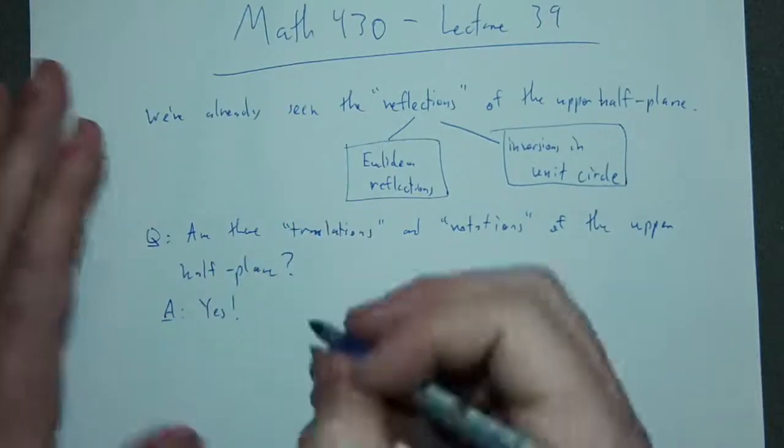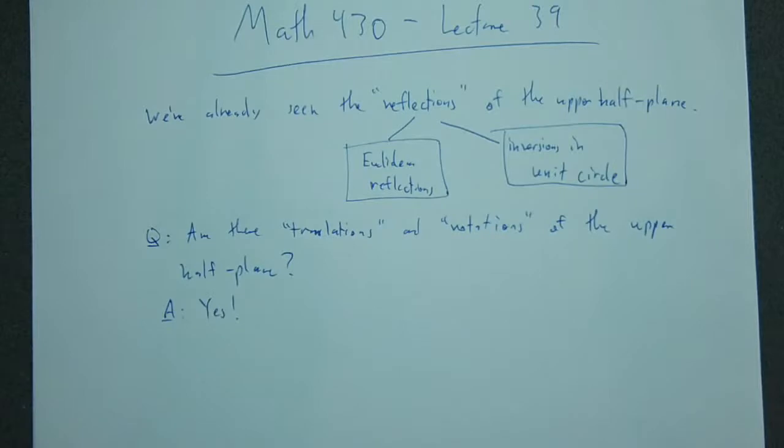Okay. So what are these going to be? They are going to arise in the same way that Euclidean translations and rotations arose. But how was that? Well, you might say translations and rotations kind of have obvious definitions. They were kind of naturally defined for us in the Euclidean sense because they were kind of obvious operations.